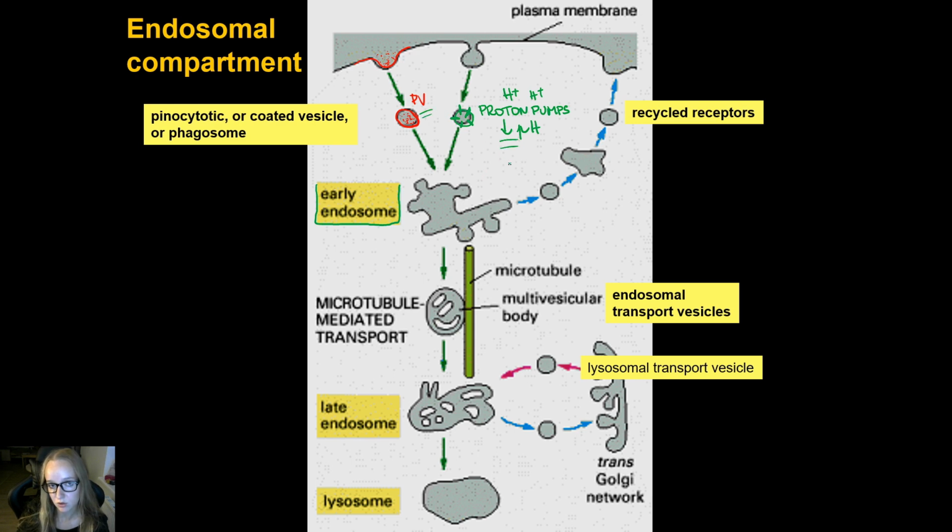So it has a substrate and also low pH. This early endosome is transported along microtubules deeper into the cell, and this vesicle that is transported is called an endosomal transport vesicle.